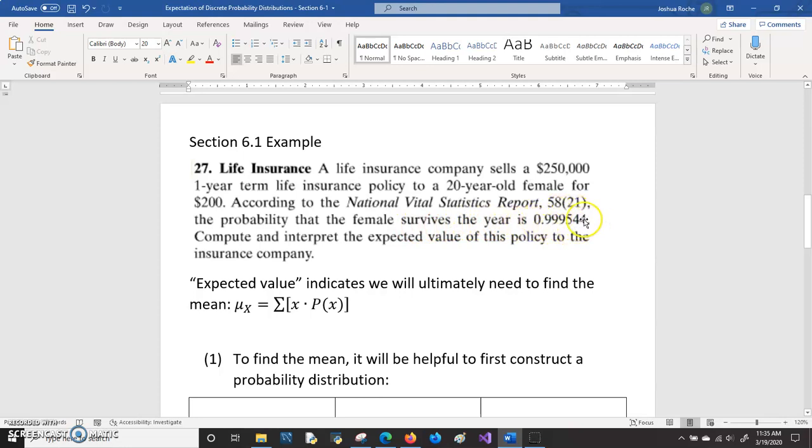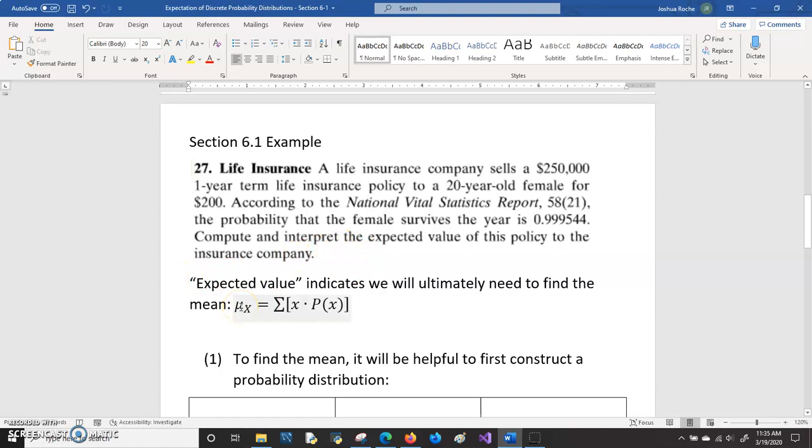So that's the chance that a 20-year-old female would live over the course of the year. It's a pretty high probability. And then they want us to compute and interpret the expected value of this policy from the perspective of the insurance company.